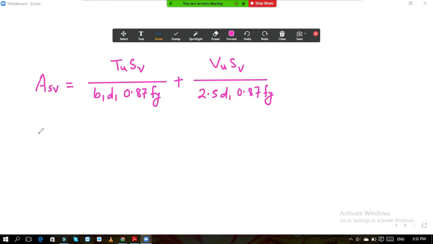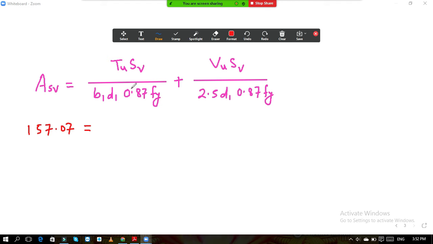So ASV is equal to, what was the value of ASV? The value of ASV was 157.07. Okay. Is this answer in kilonewton or Newton? Sorry, this is mm square. Sorry, VU we should put in Newton because this FY value is in Newton per mm square.